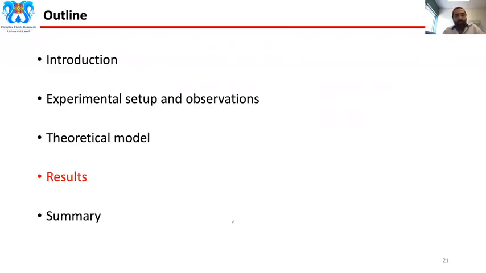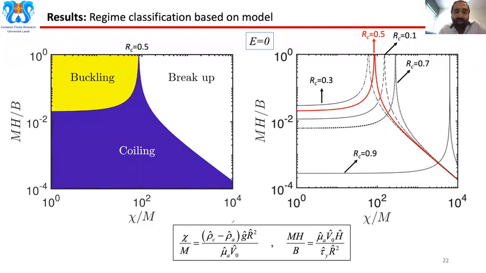In terms of the results, based on the yielding length that I showed, we have identified two groups of dimensionless numbers for regime classification, including MH divided by B and chi divided by M. So M is the viscosity ratio, H is the height, B is the Bingham number, chi is the buoyancy number, and M is again the viscosity ratio.